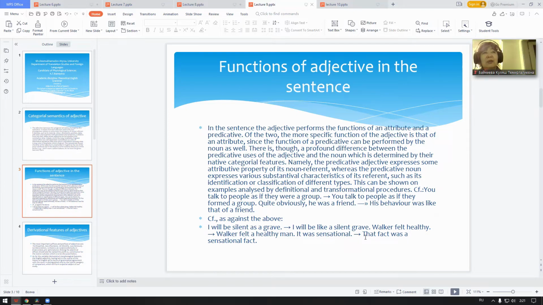This can be shown on examples analyzed by definitional and transformational procedures. You talk to people as if they were a group. You talk to people as if they formed a group. Quite obviously, he was a friend. His behavior was like that of a friend.